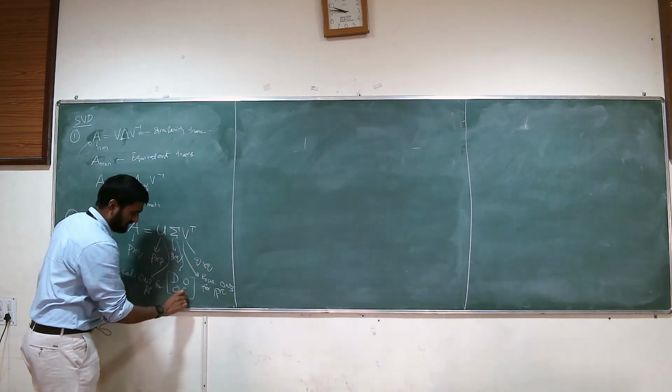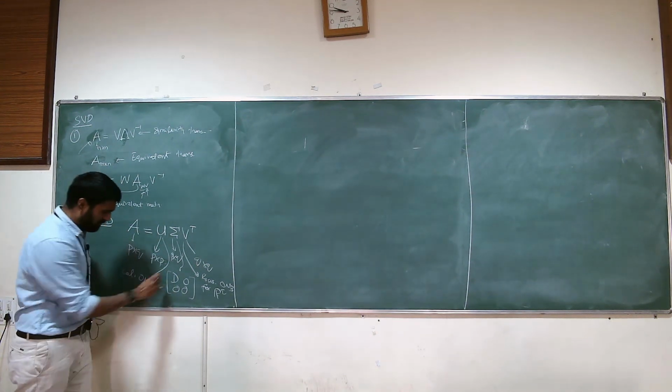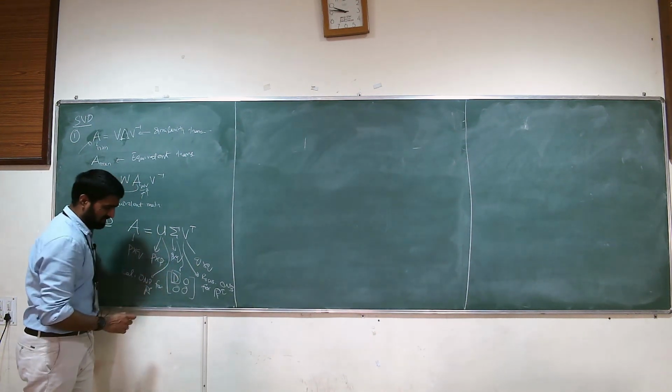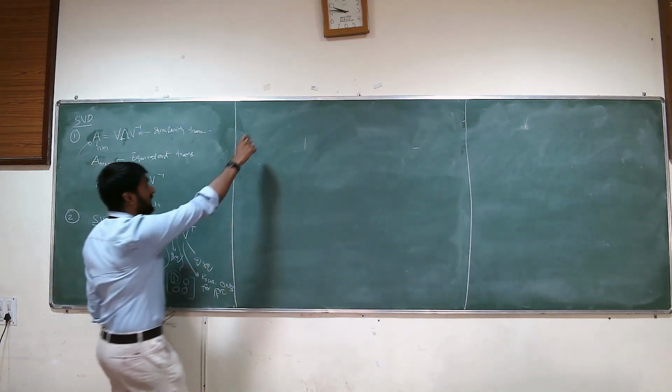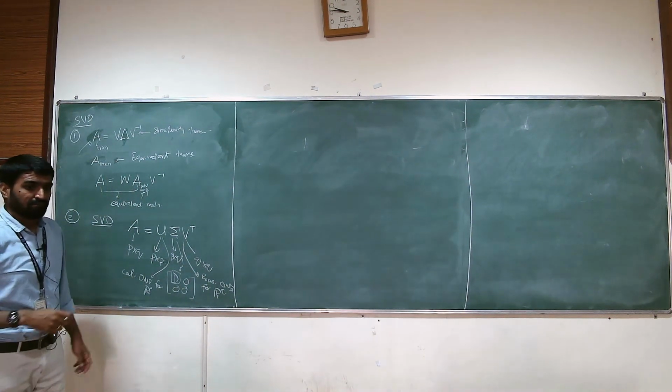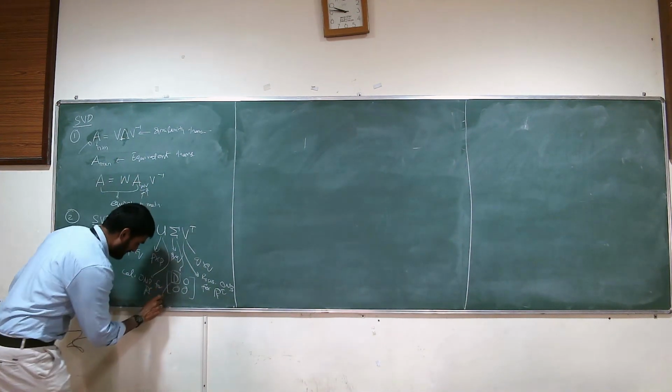Well, it cannot be diagonal because it's at least this form. This is diagonal, and everything else is 0. D is diagonal.